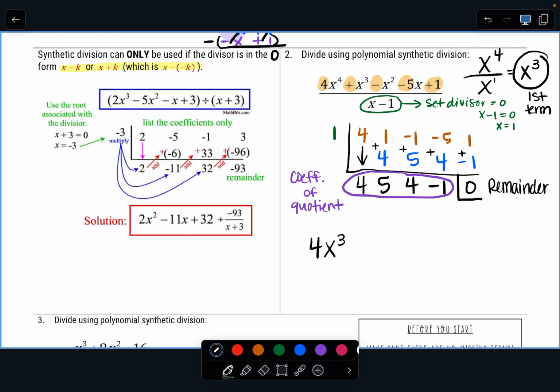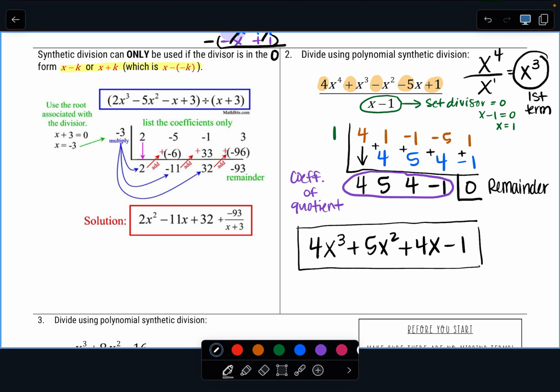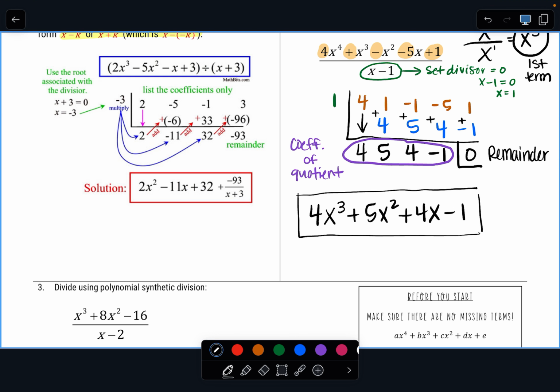If my first term is x cubed, what is my second term? X squared. It's always going to go down by 1. What's my next term? 4x. And that last one is always going to be a constant, so I'm going to have minus 1. If I had anything for the remainder, I would write it as a remainder over the divisor. But since this one had a remainder of 0, we don't have to do anything.